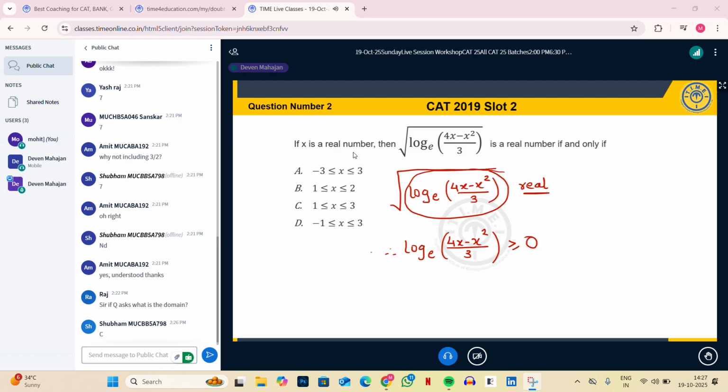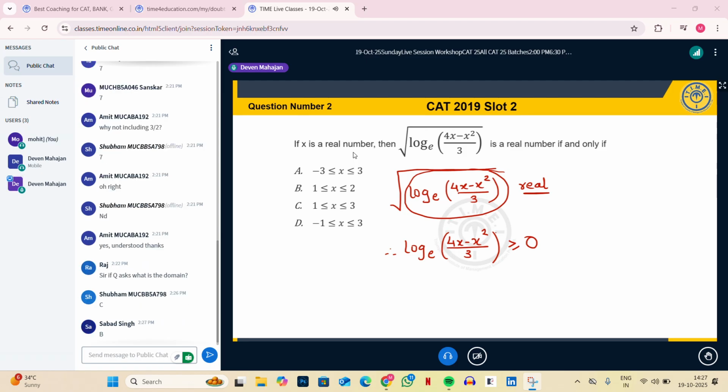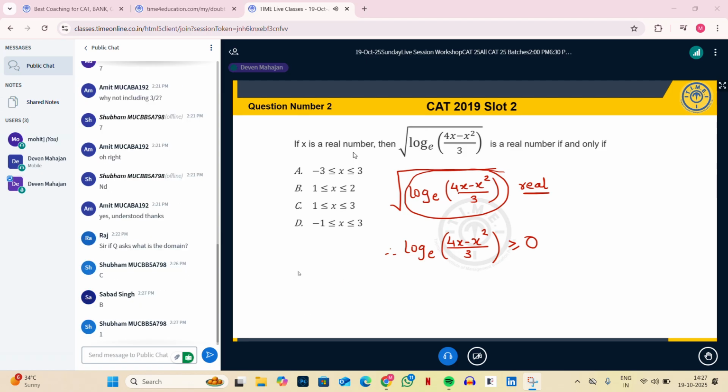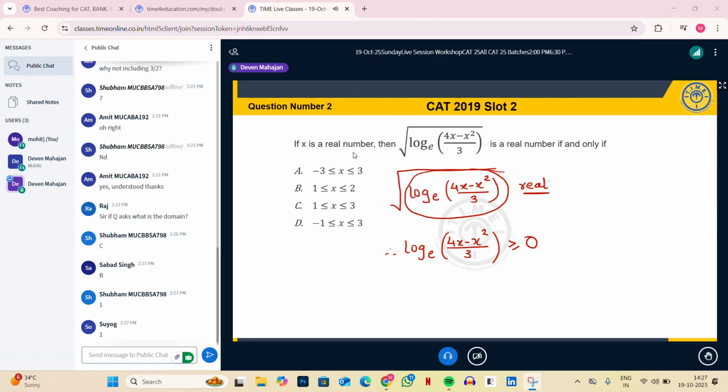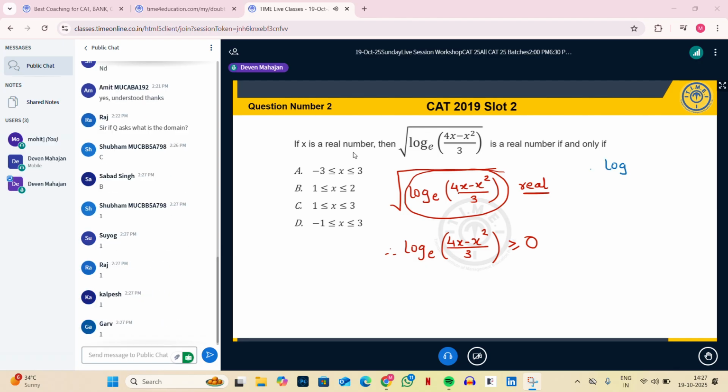ठीक है. Now logarithm का रिजल्ट 0 कब आता है? कौन से नंबर का log 0 होता है? We know log 1 is 0, correct. log 1 to any base होता है 0. Okay, so base e हो या कोई और नंबर हो, so log 1 to any base is 0.